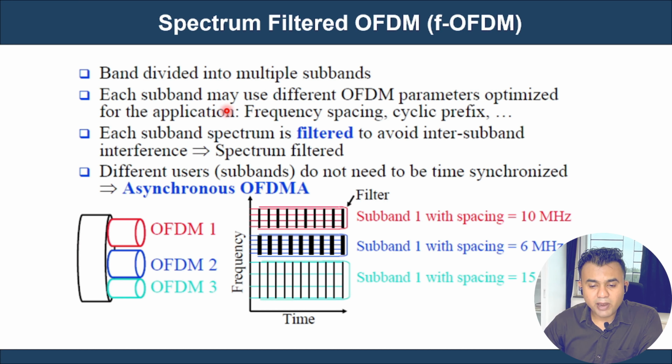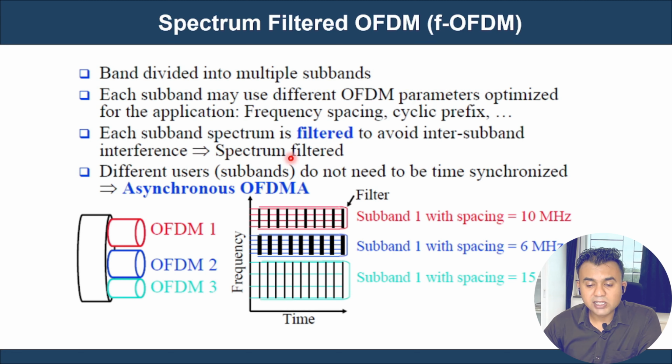For each subband, it may use different OFDM parameters to optimize for that particular application. So in this subband I'll frame my OFDM carriers differently, and in this one I'll frame them differently, and similarly for the other subbands too. And each subband spectrum is filtered to avoid inter-subband interference.